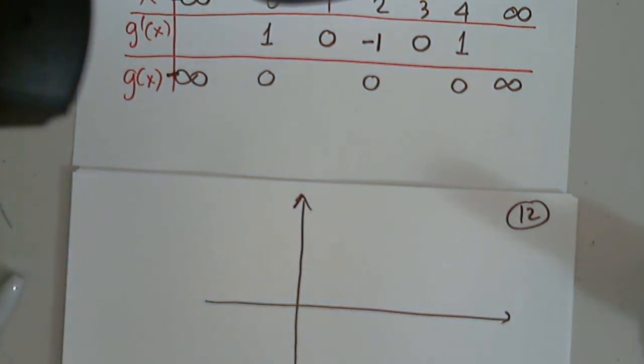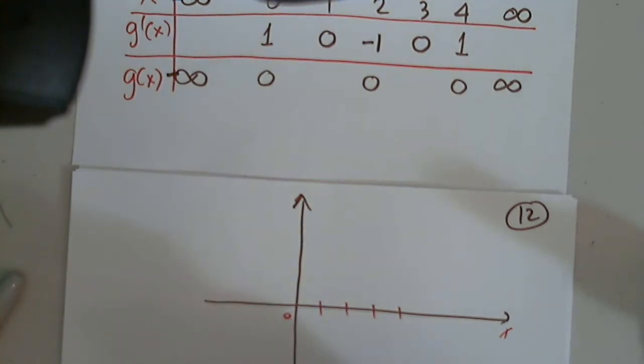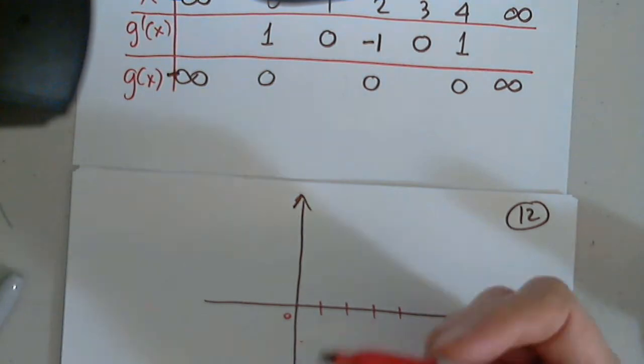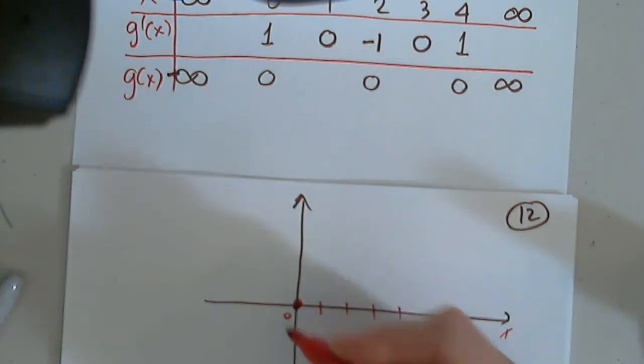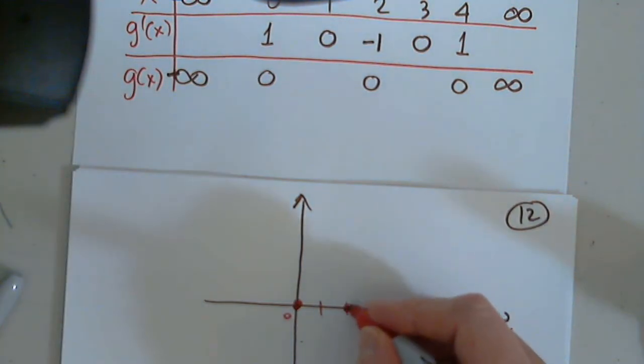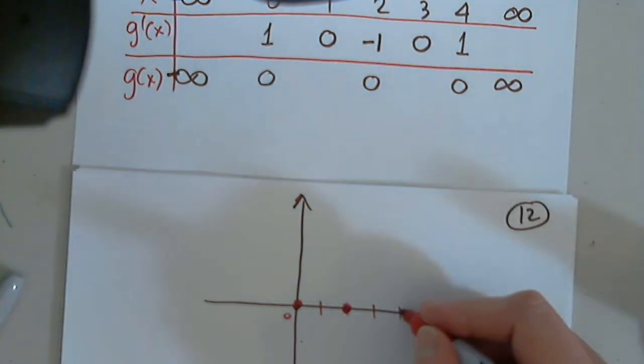So my points are the x values 0, 1, 2, 3, and 4. And the points that I have already: 0, 0; 2, 0; and 4, 0.